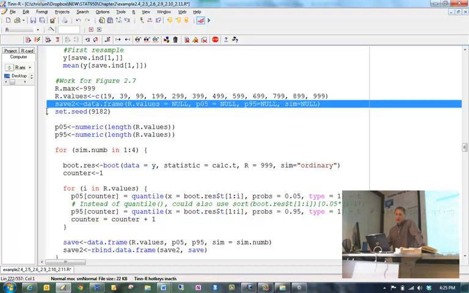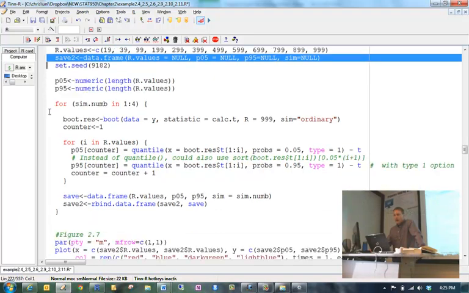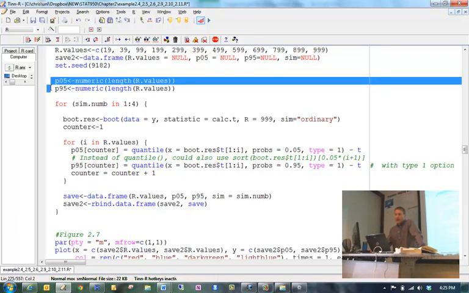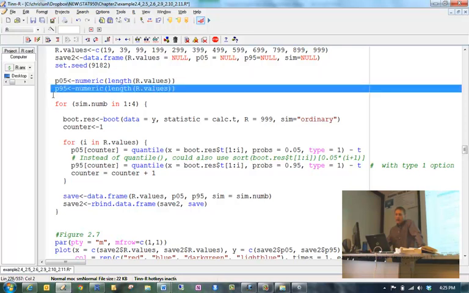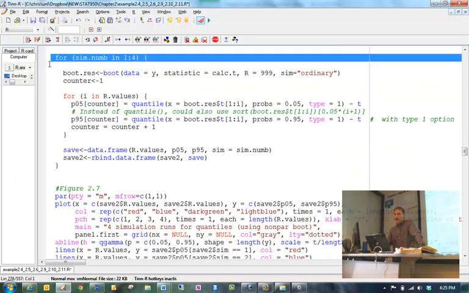Save2 is a data frame that's going to allow me to put my results in. P05 corresponds to the fifth percentile, or the 0.05 quantile. P95 corresponds to where I'm going to put the 95th percentile. And then I do my simulation basically with 4 runs.